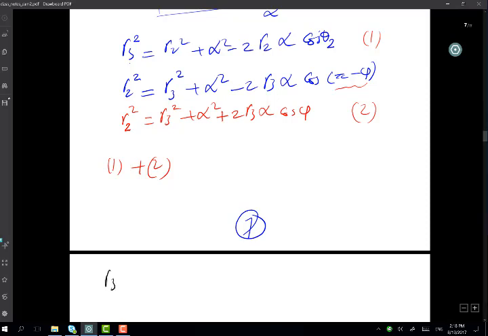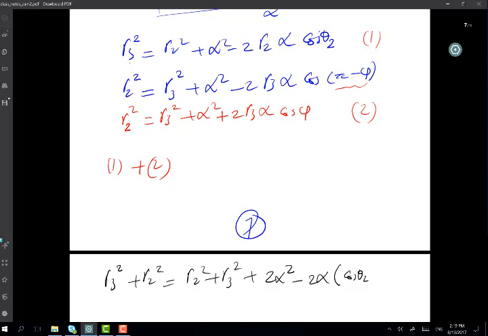So I'll have r3 squared plus r2 squared. On the other side, I'll have r2 squared plus r3 squared plus 2x squared minus 2x, open brackets, cosine theta 2, correct? Cosine theta 2 multiplied by r2, I don't want to forget that, right?